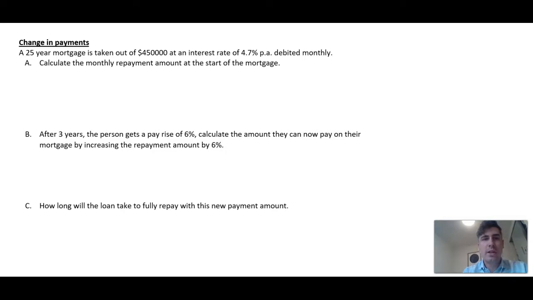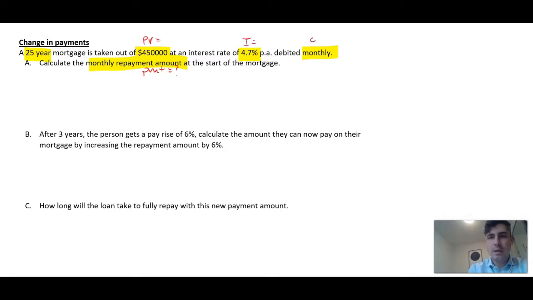A 25-year mortgage was taken out for 450 grand, 4.7% debited monthly. Okay, and it's for 25 years. So we're asked to work out what the monthly repayment amount is. So that's PMT, that's the question mark here. PV has been given to us. I has been given to us.